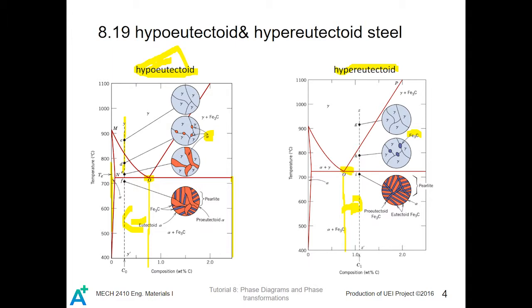In terms of the wording, eutectoid alpha means the alpha phase formed at the eutectoid temperature, and pro-eutectoid alpha means the phase formed before reaching the eutectoid temperature, which is this line, and also this line. Eutectoid and pro-eutectoid are defined in similar ways.